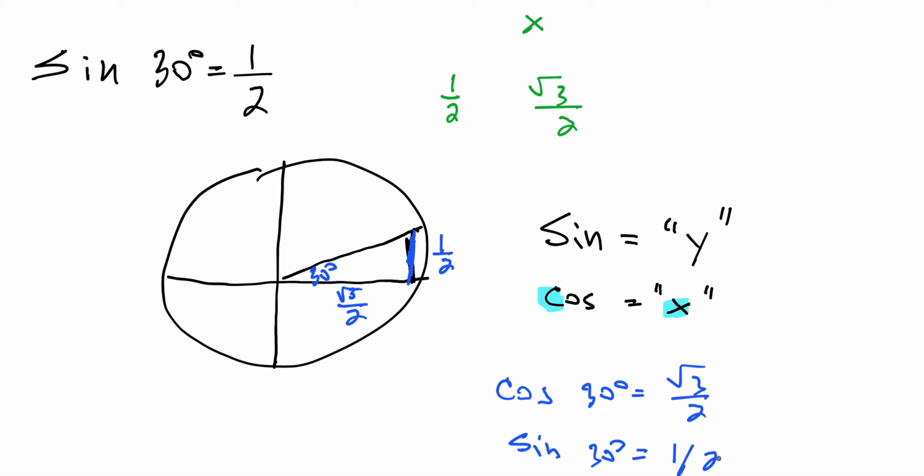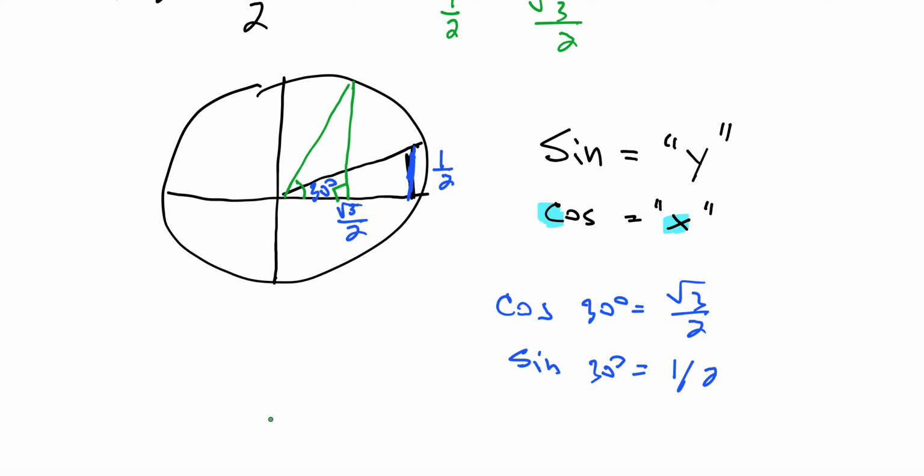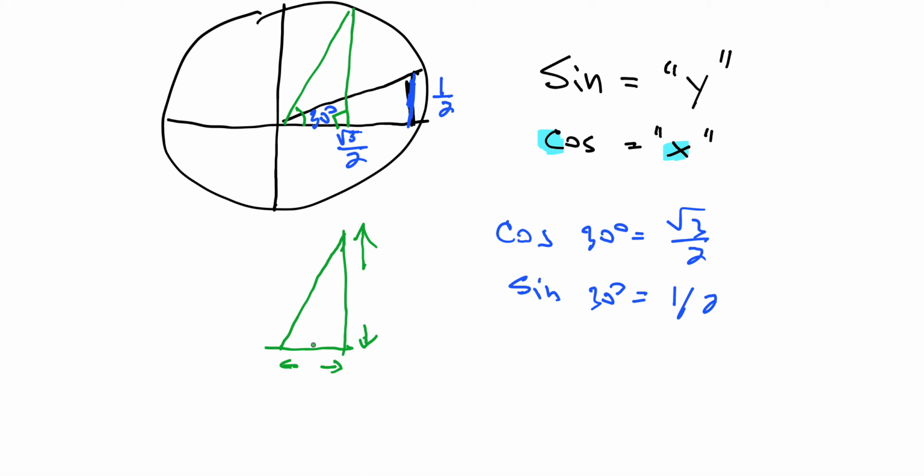We go over here, and you have the opposite situation. This is 60 degrees right there. This is short, and this is long. Guess which one gets the 1/2, and which one gets the √3/2. The short one is 1/2, and this is √3/2.